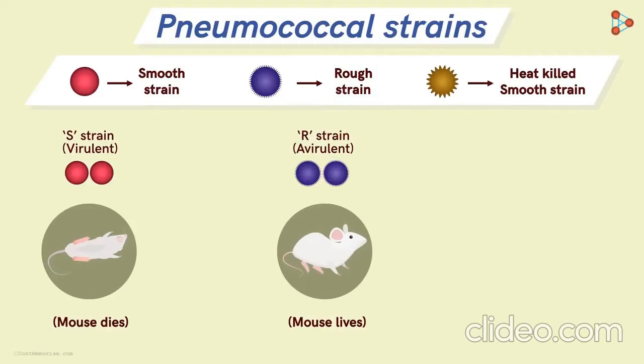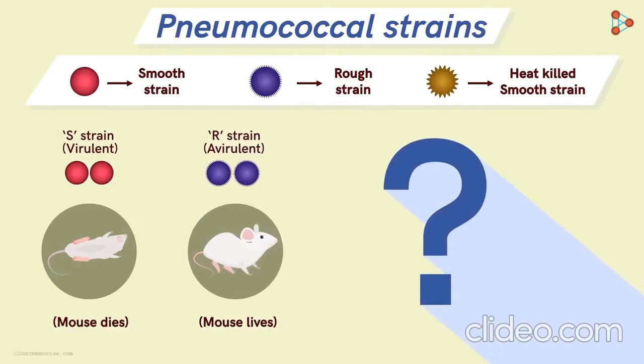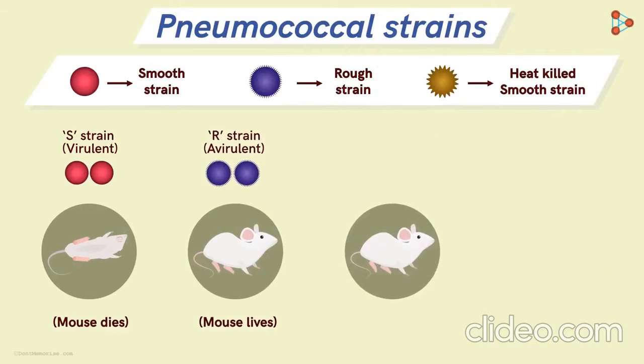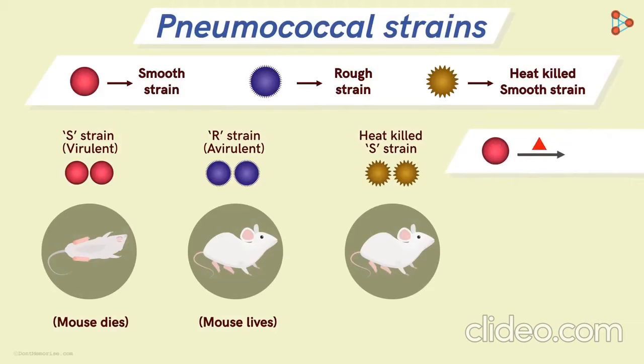This was very much anticipated by him. The rough strain is usually the avirulent one. What was next? Now the third mouse was injected with the S strain, but after the bacteria were heat killed. That means he heated the S strain to extreme temperature, which killed the virulent strain and made it ineffective. So the injected mouse survived.